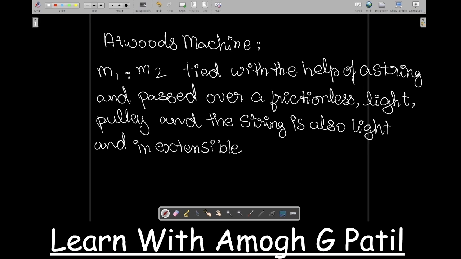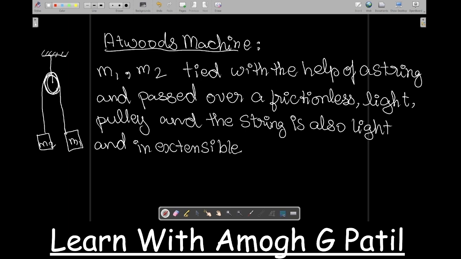So basically what this whole paragraph explains is that in Atwood's machine, two masses M1 and M2 are tied with the help of a string and passed over a frictionless light pulley.